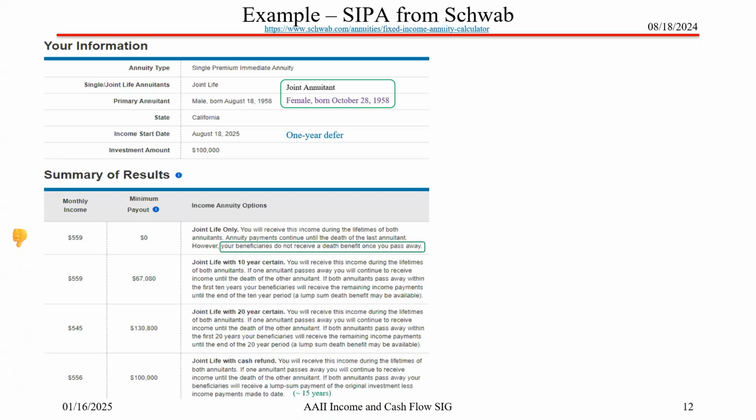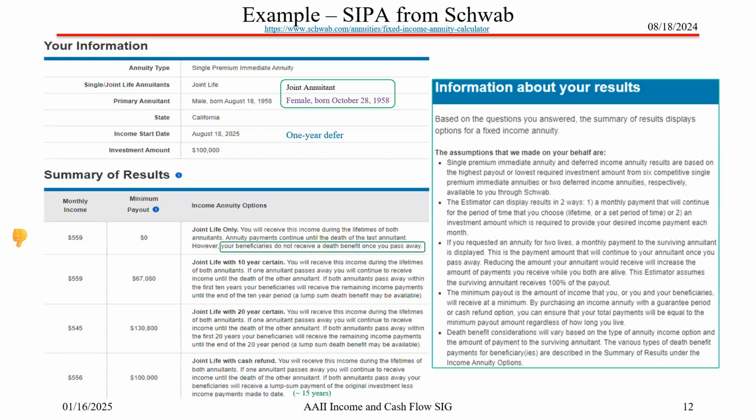If you look at the bottom one, which is joint life with cash refund, your break even is about 15 years. You're going to have to read this carefully, unless you want me to just repeat reading this information. They also explain how they derived this.